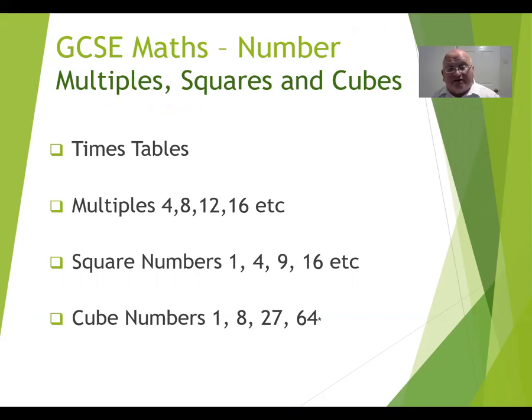If you want to check, 4 times 4 times 4 equals 64. 4 times 4 is 16, it's a square number, multiplied by 4 again, you get to 64, that's a cube number. So again, you might get an exam question where you're asked to pick out cube numbers from a list of numbers. And they're also useful when you go on to working out volume later on.